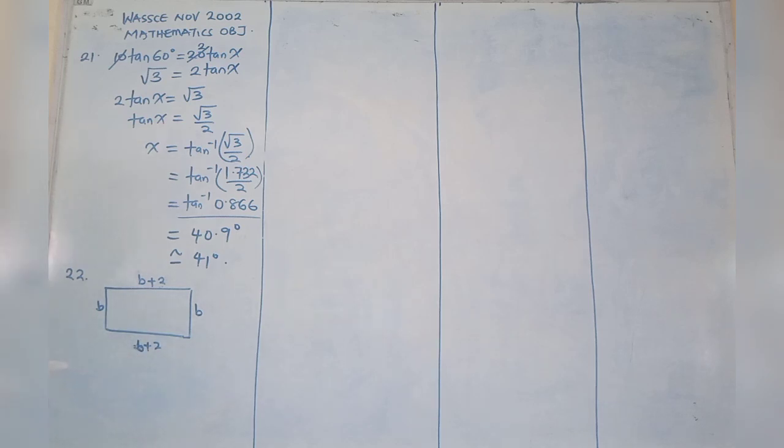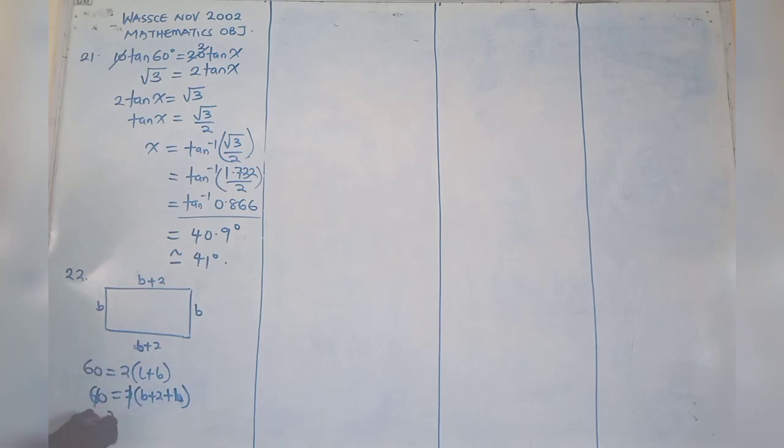Now, we are told that the perimeter of the rectangle is 60. Perimeter is 60, and that is equal to 2 times the length plus the breadth. The length is b plus 2, and then plus this b you have here. Now, see what I always advise students to do: take care of the 2s.